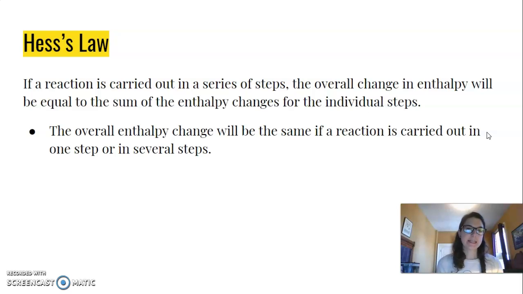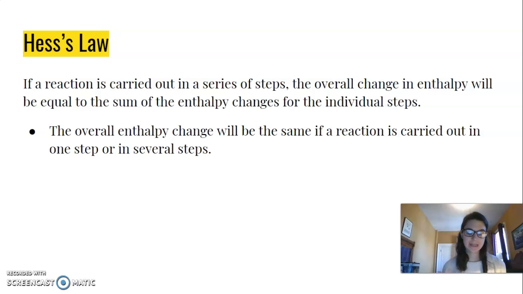So Hess's law basically states that if a reaction is carried out in a series of steps, the overall change in enthalpy will be equal to the sum of the enthalpy changes for the individual steps. Since the energy contained in the reactants is constant under similar conditions of pressure and temperature, and the heat in the products is also constant under pressure and temperature, the heat lost or gained going from reactants to products should also be constant under that same pressure and temperature.